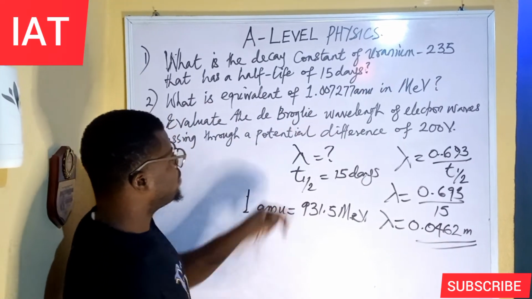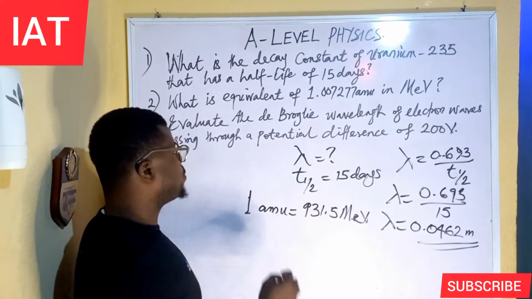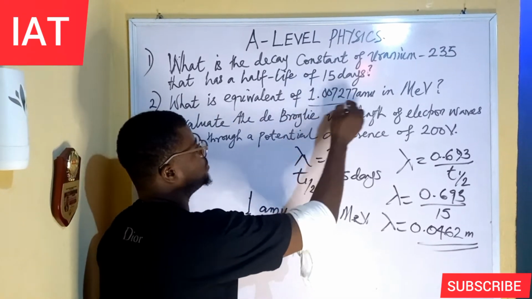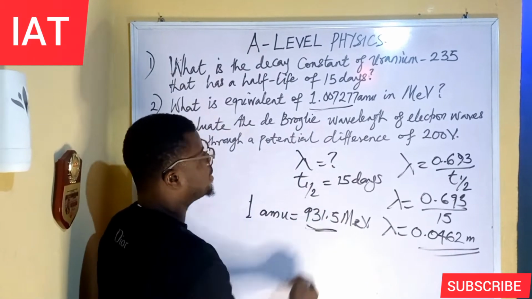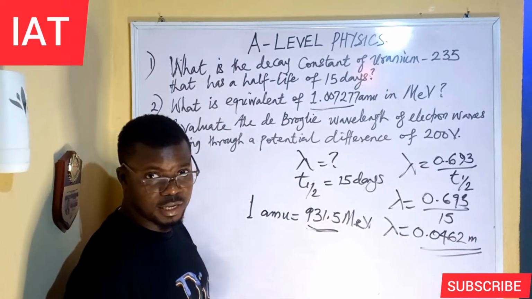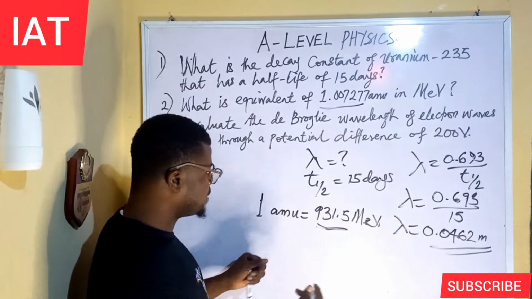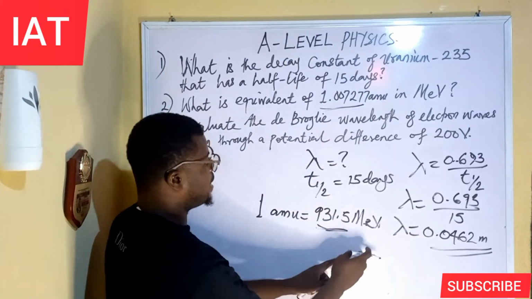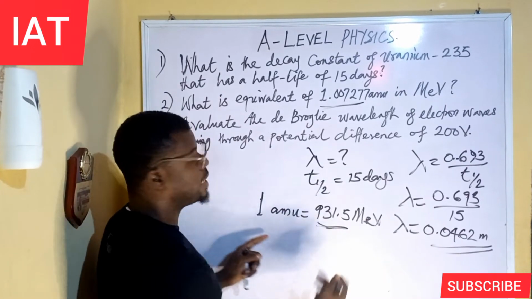That means to get this value, we just use this value to multiply by this, and that will give us the answer in MeV. It's as simple as that. I don't want to go by the mathematics of saying this one is equal to x and then cross multiplying to get the answer.